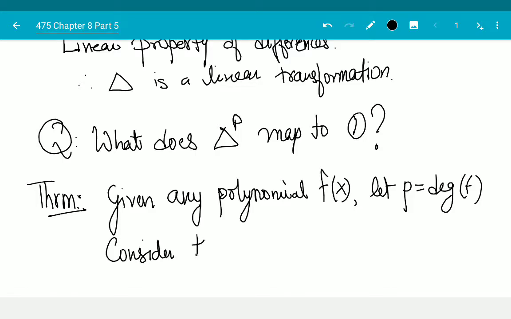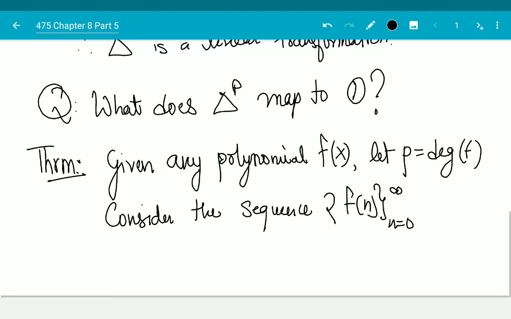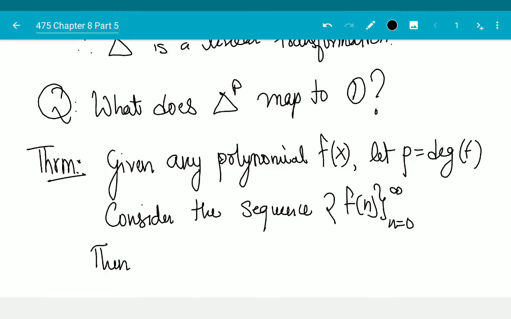Consider the sequence Fn where n is equal to 0 to infinity. I'm looking at f of 0, f of 1, f of 2, and so on. Consider this as the sequence. Then delta to the P plus 1 sends this sequence to 0.